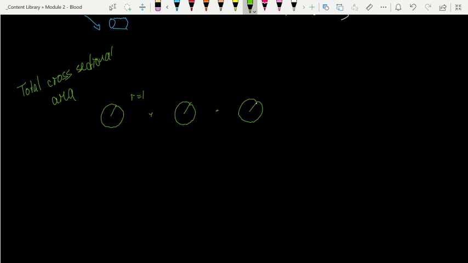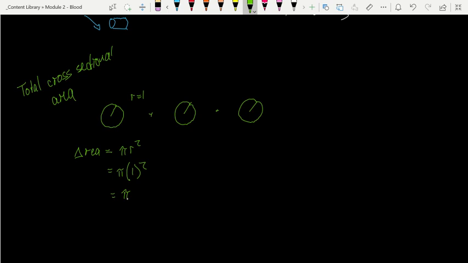We know that the total area of a circle is going to be pi r squared. Of course, in this scenario, we said r equals 1, and so that's simply going to be pi times 1 squared, which is just pi.